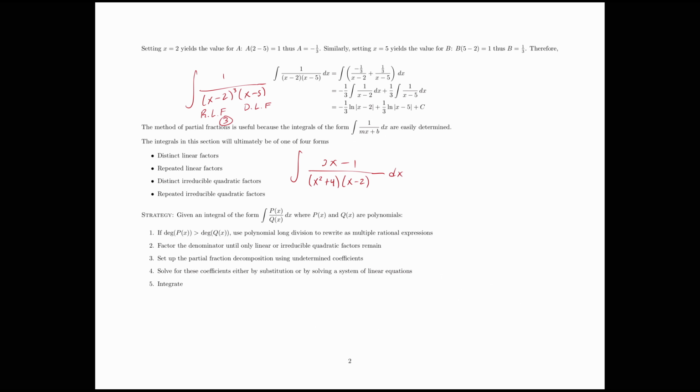Here, this x squared plus 4 is an irreducible quadratic factor. And here we've got a distinct linear factor. Now, if we made this squared or raised to some power, then this would be a repeated irreducible quadratic factor.